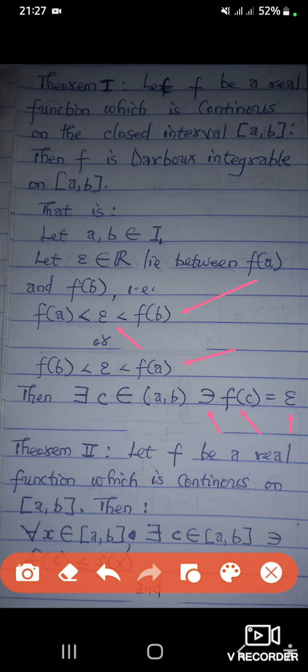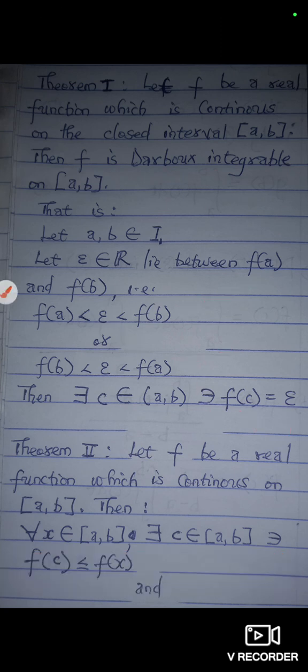Now I think this should be the intermediate value theorem. Yes, it's the intermediate value theorem. It's a mistake. The extreme value theorem is theorem 2. Now, let us look at theorem 2. Theorem 2 says, let f be a real function which is continuous on [a, b].